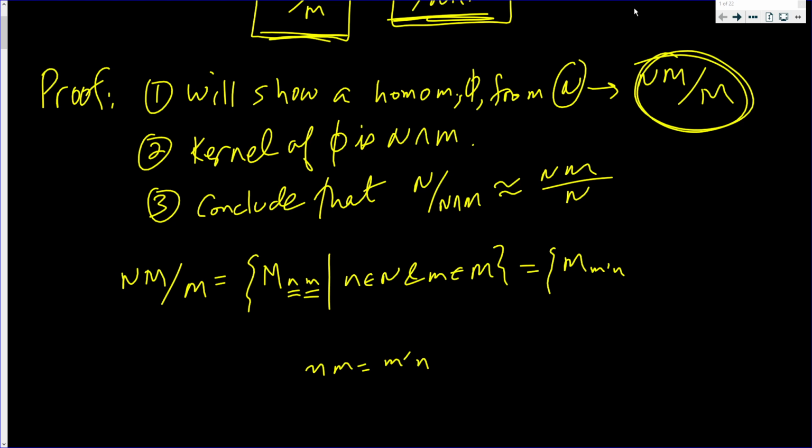You're not always going to get that NM is MN, even if both N and M are normal.